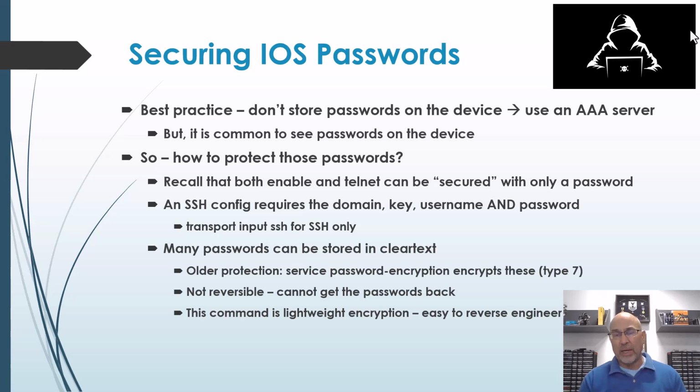We need a domain name, we need to do keygen, and then we've got passwords that are required for the login. And then, of course, you could specify that we want to use SSH if you just say transport input SSH, and that only allows SSH connections. And of course, the reality is that we prefer to stay away from telnet because it's clear text.